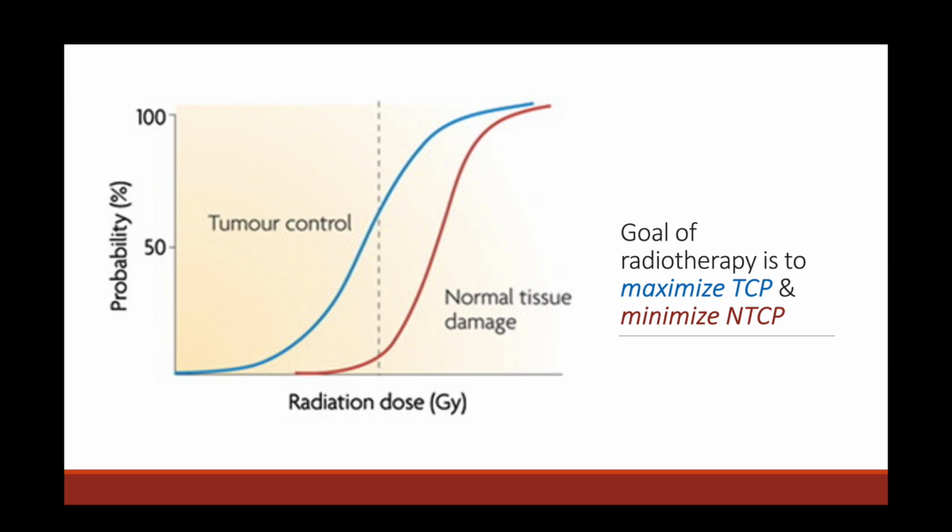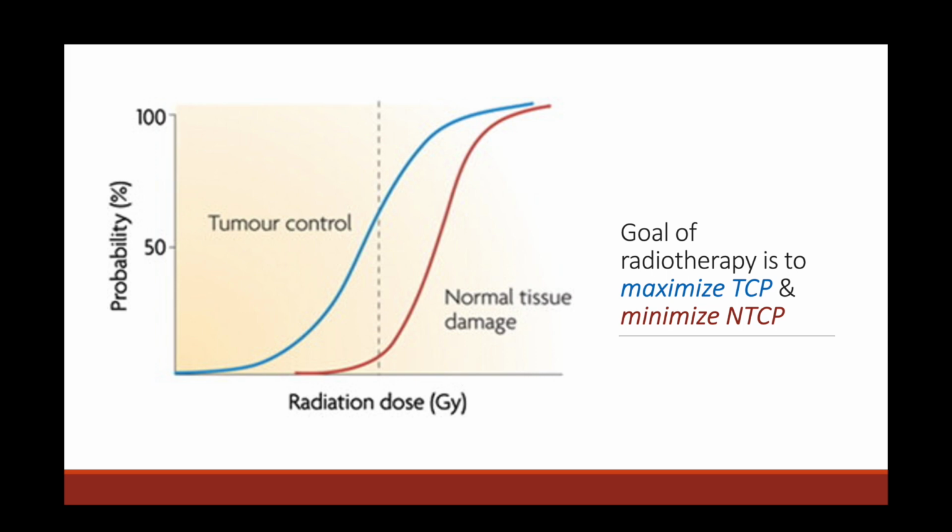And in our next talk, we're going to talk about something called normal tissue complication probability curves, or these NTCP curves, that try to model the probability of achieving a particular toxicity to a tissue at a given dose of radiation.